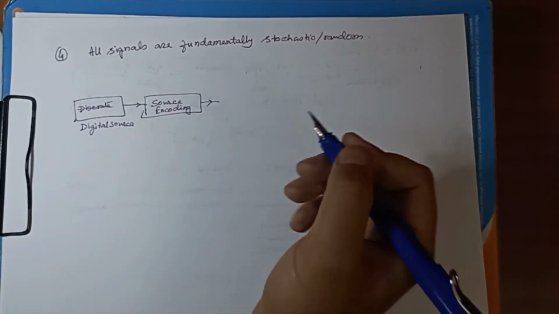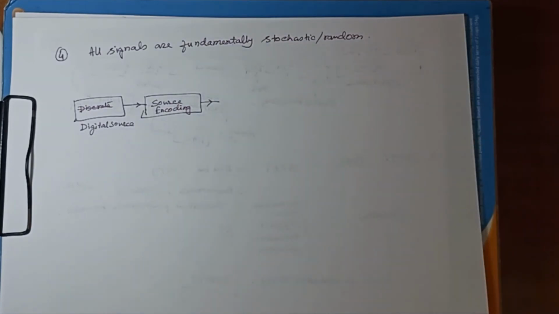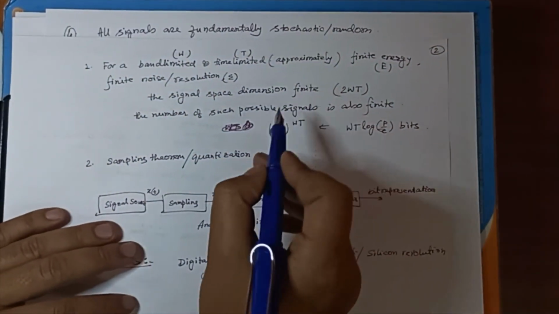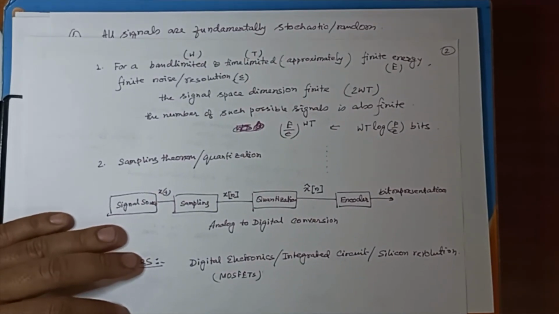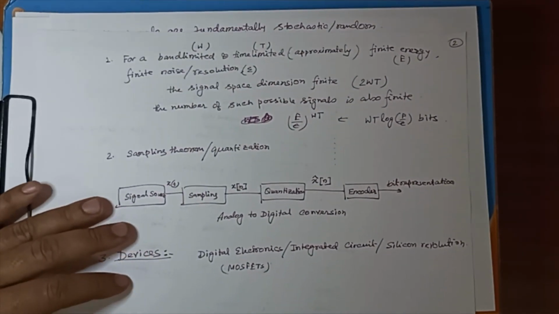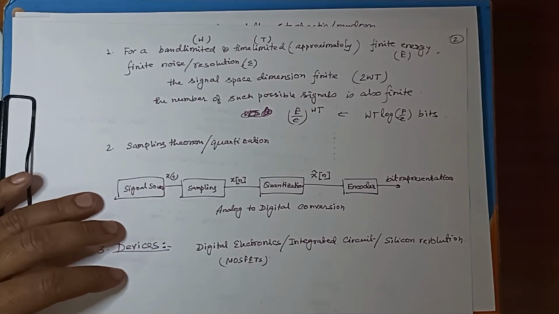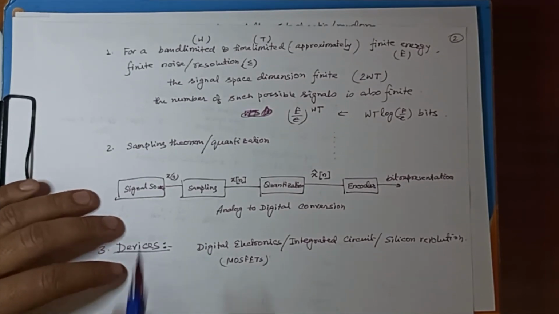Now after source encoding, before going to the channel, it has been observed that the channel will invariably introduce some noise. If it is additive noise, then since there are only finitely many detectable signals, what noise does is blur the signal location in that particular space.